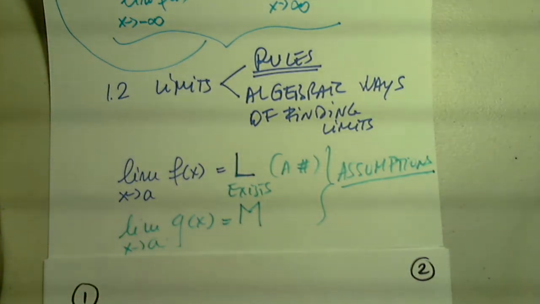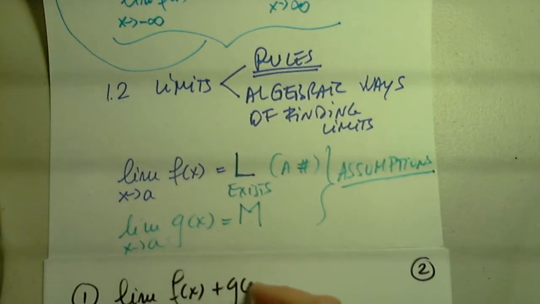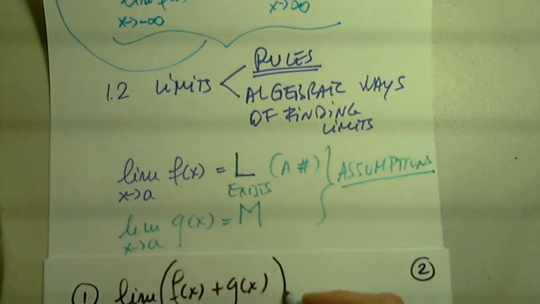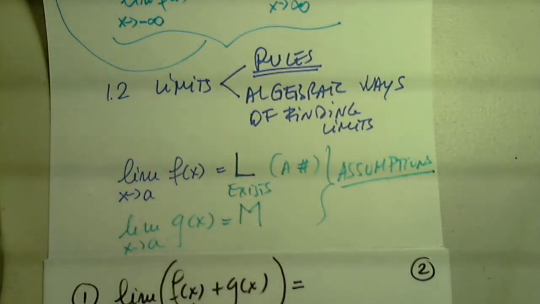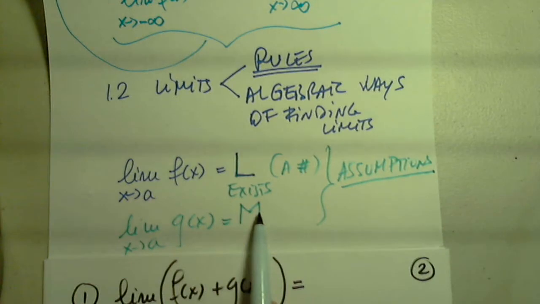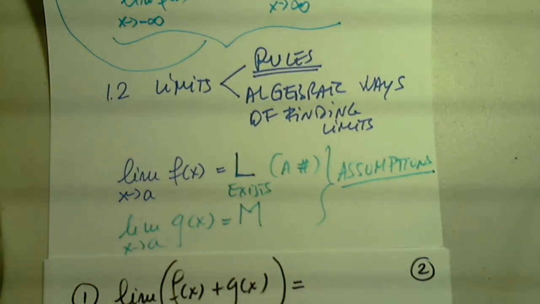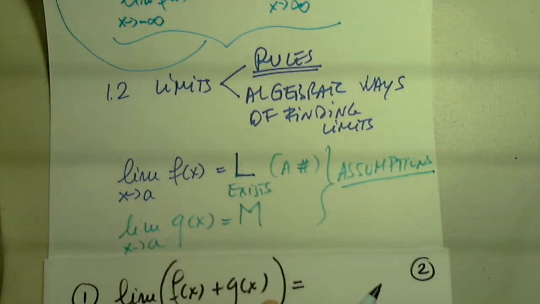Here's number 1. The limit of f of x plus g of x as x approaches a, don't forget parentheses around f and g, if the limit of f of x and the limit of g of x, as I explained here, exist, then we can write, and no, I am not distributing the limit operator to these two.